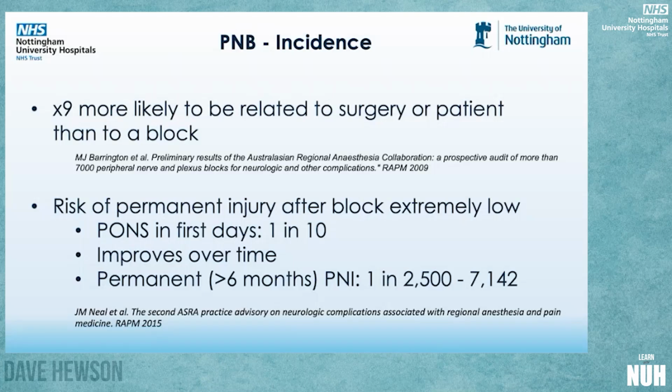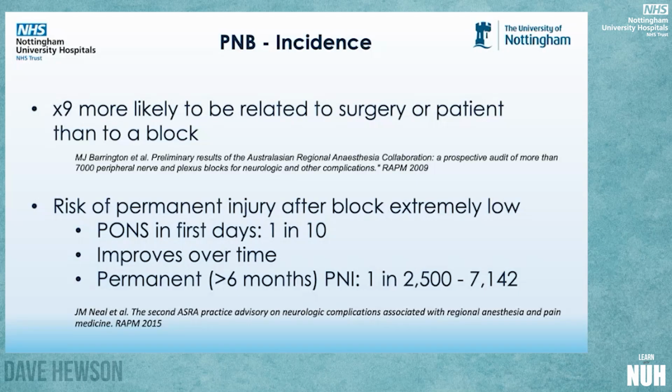There's this phenomenon called postoperative neurological symptoms, PONS. That's very common if you go looking for it. So patients quite often after peripheral nerve blockade may have slightly abnormal neurology in the block distribution or in the blocked limb in the first week or so after surgery. If you go looking for it, about 10% of patients might have little bits of residual paraesthesia or block that's prolonged beyond the effect that we would expect from a local anaesthetic.